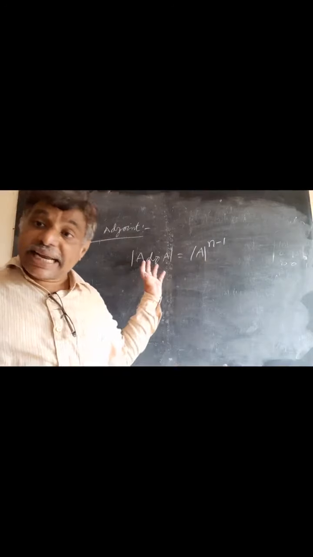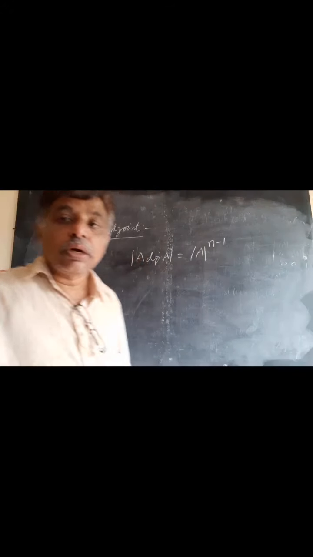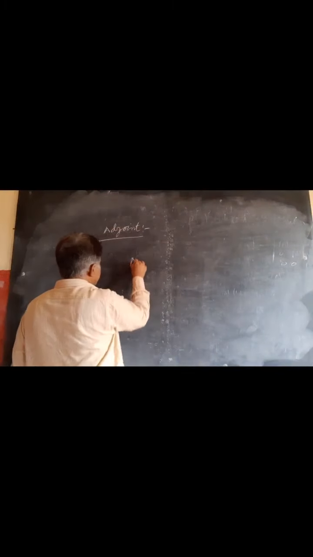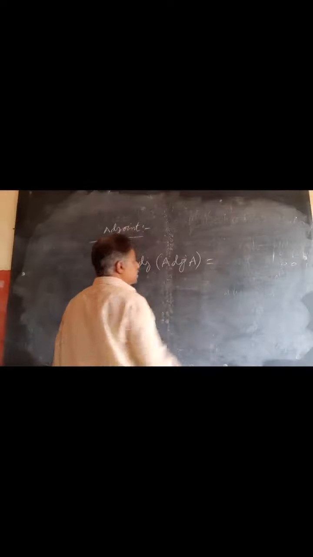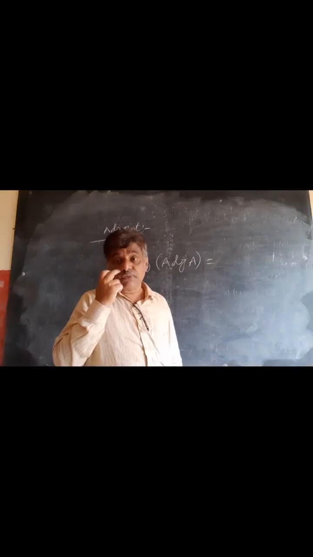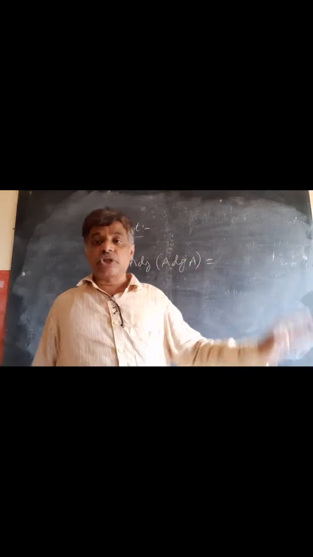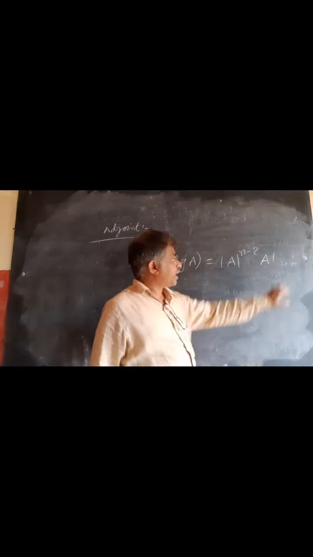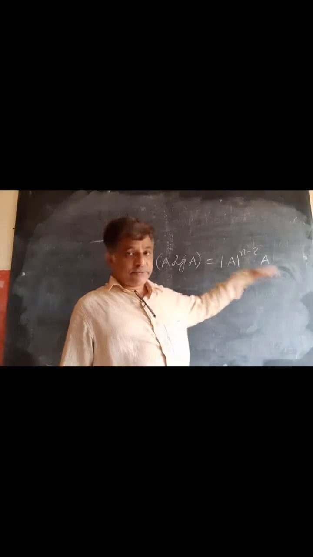Like this, we can derive whatever property we want. We already discussed many properties. Next property, adjoint of adjoint A. Like the same, if we do, you will get det A power n minus 2 into A. Now I will go for det of this.